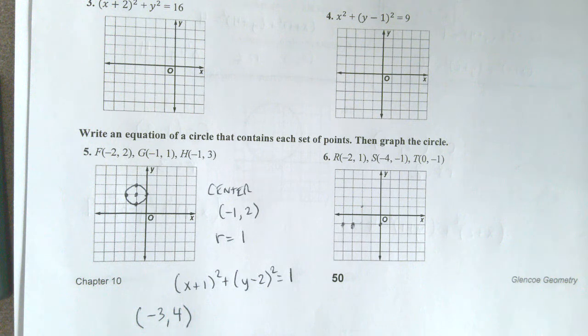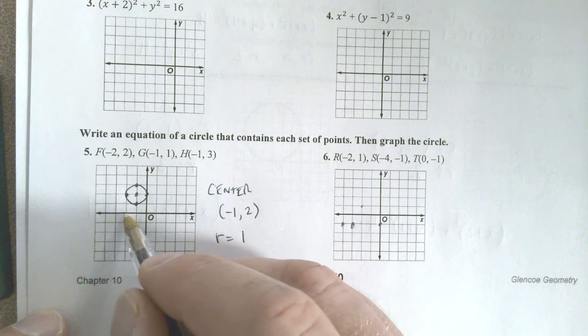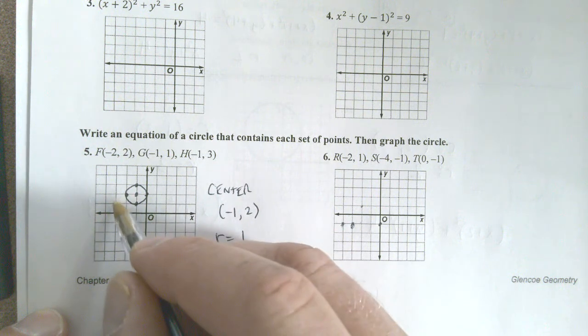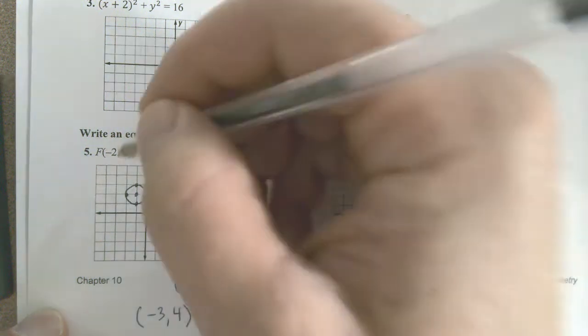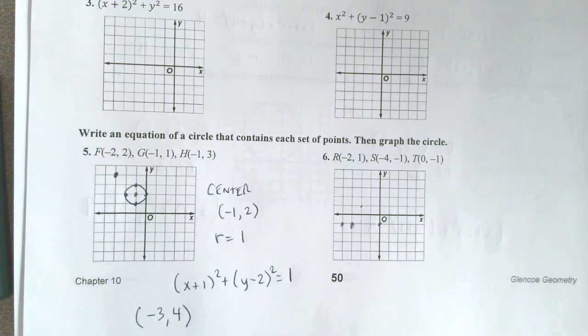Hopefully you would say, no, it's not on the circle, because if I'm looking at my graph, I go over 1, 2, 3, I go up 1, 2, 3, 4. Well, that point is way up here on my graph. So it doesn't lie on the circle.